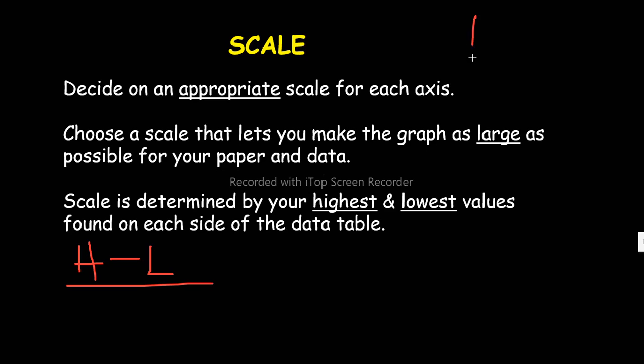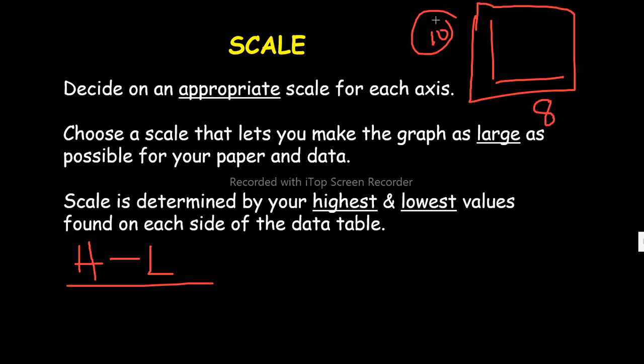Usually normal graph papers have 8 on the horizontal axis and 10 on the vertical axis. But if you want your graph to simply cover 4, then you divide by 4.